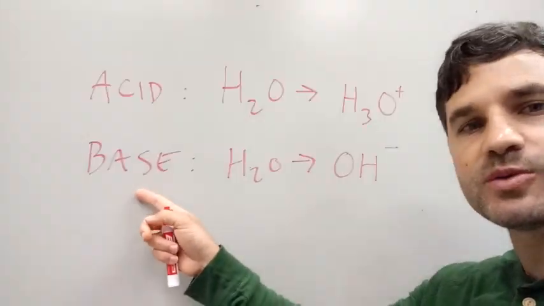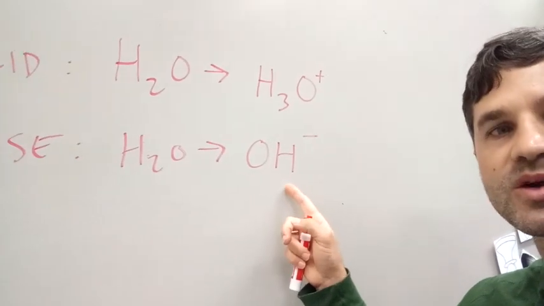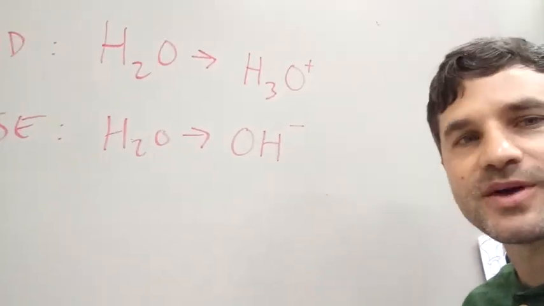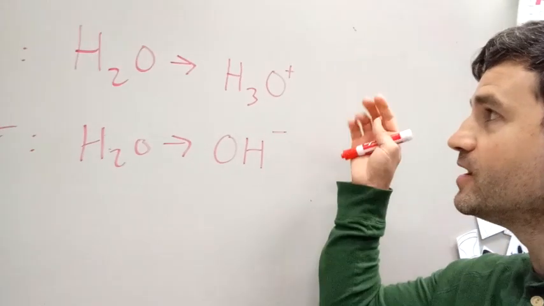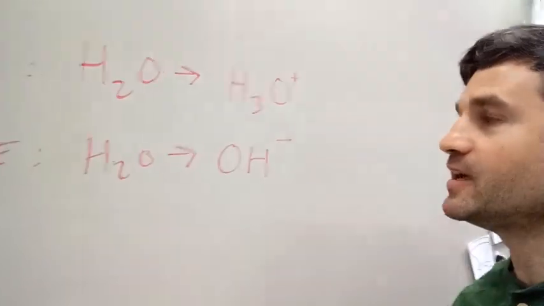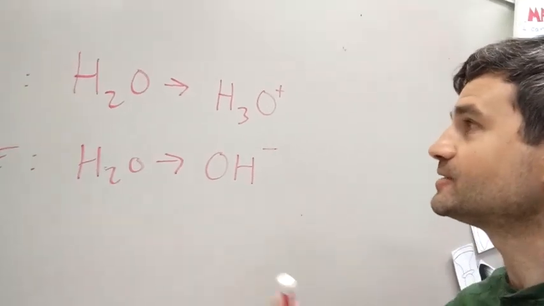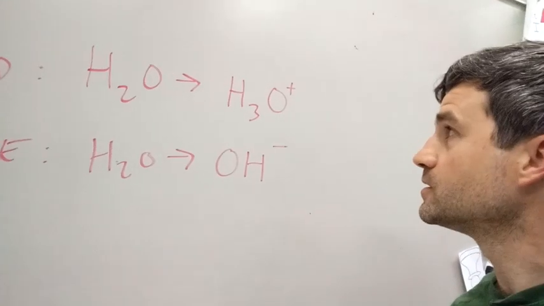The base accepts protons, and so you get some more of these molecules, OH negative, so negatively charged molecules. And so if the solution has more of these, it's going to change the way it absorbs and reflects light. That's how we see color, based on what wavelengths are absorbed or reflected.